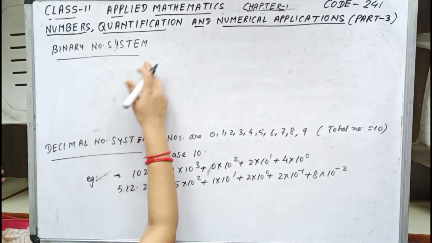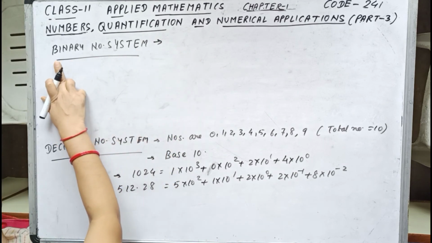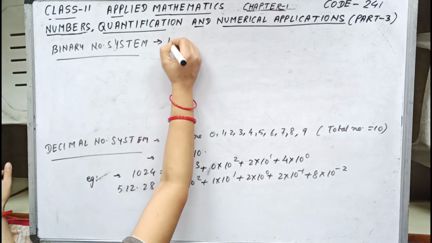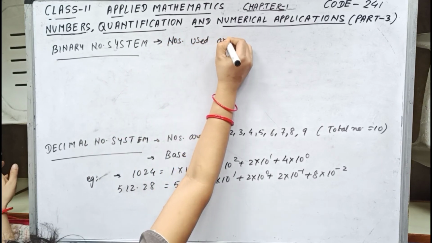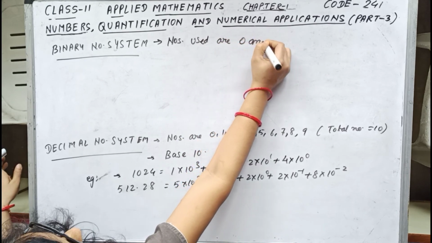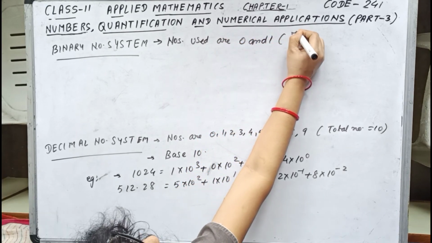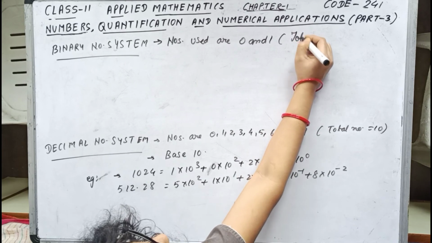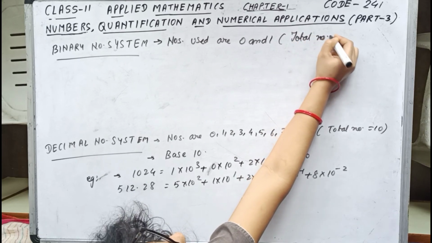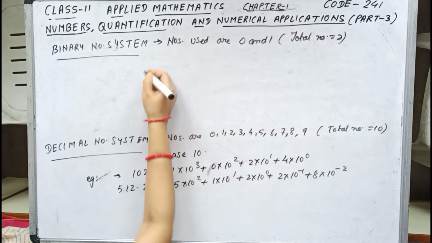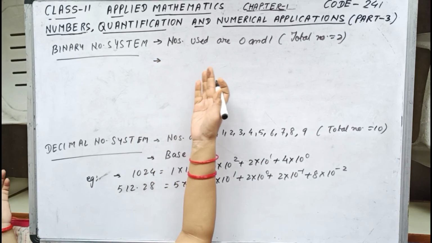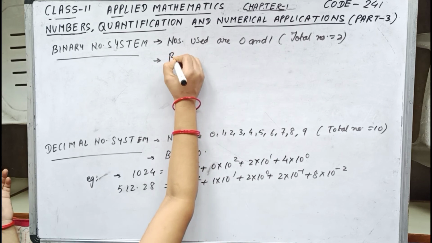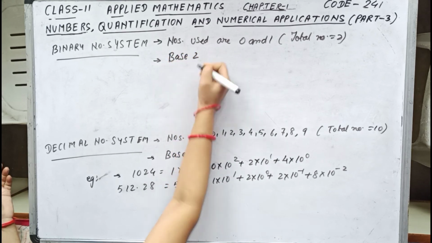Now the binary number system. As the name suggests, binary means 2. So here the numbers used are 0 and 1, so the total number equals 2. Since over here it is base 10, and in this the total number of numbers is 2, here we will be using base 2.